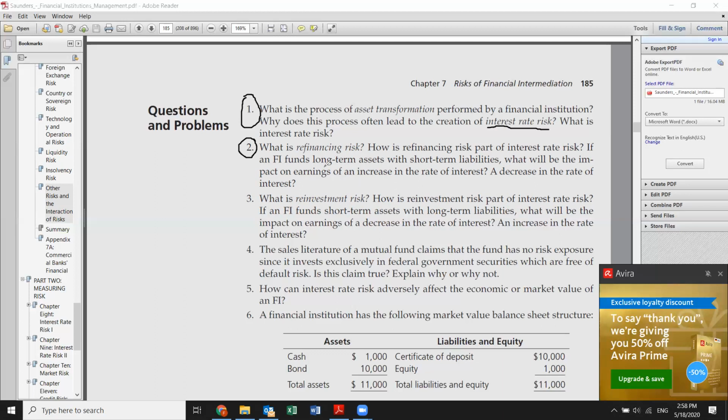Refinancing risk is the risk that the cost of reborrowing funds will go up above the return being earned on the asset investment. This is what we discussed already. And this risk occurs when the financial institution is holding assets with maturity higher than the maturity of its liabilities.